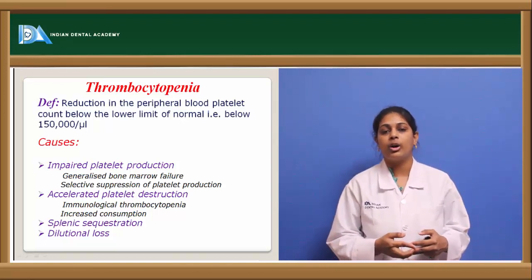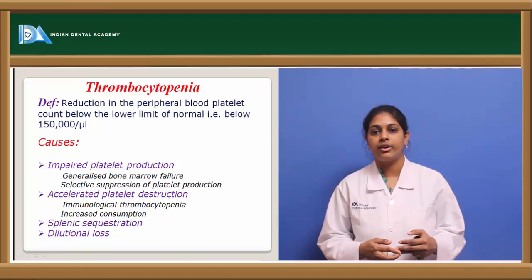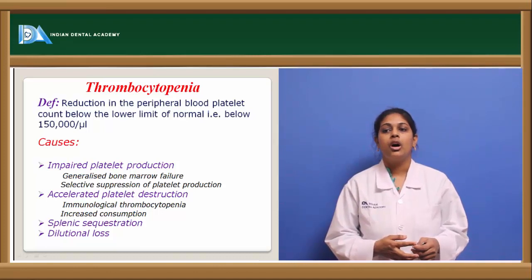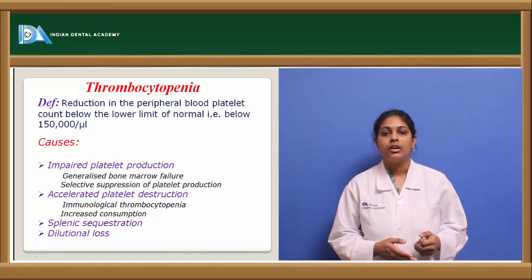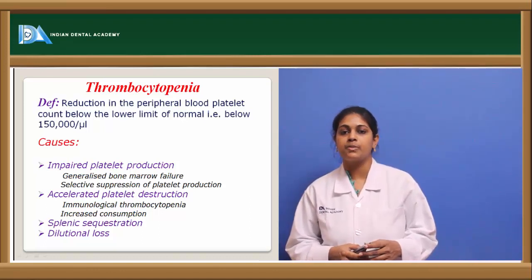This is one of the immunological thrombocytopenic conditions seen in accelerated platelet destruction. Increased consumption is also a reason why platelets get destroyed in an accelerated manner. The other condition is splenic sequestration, usually seen in conditions such as splenectomy.